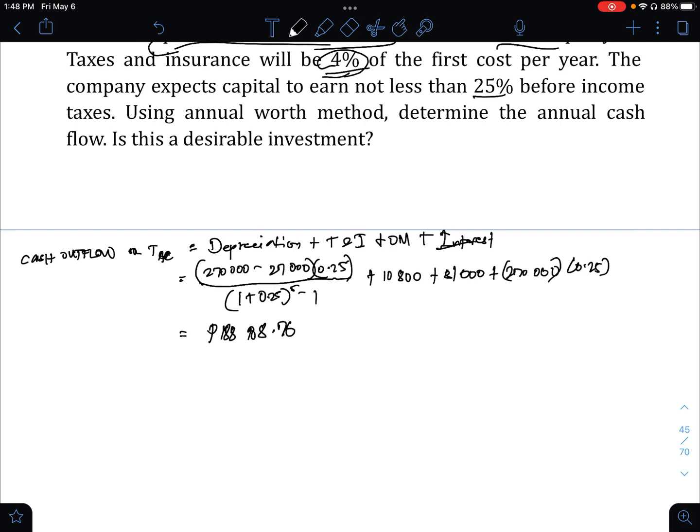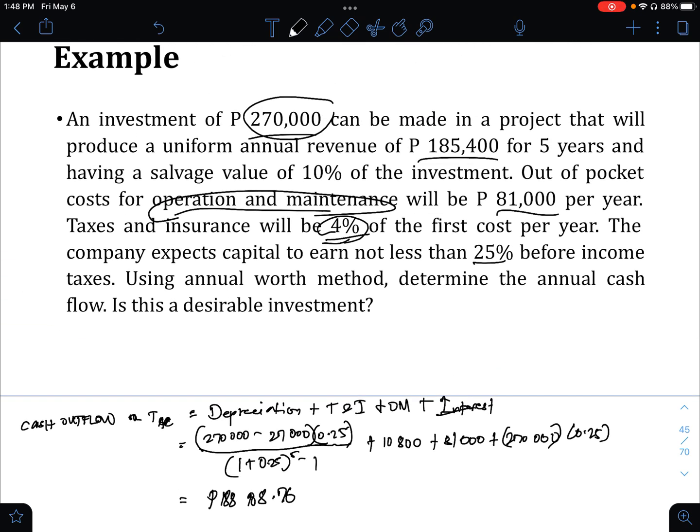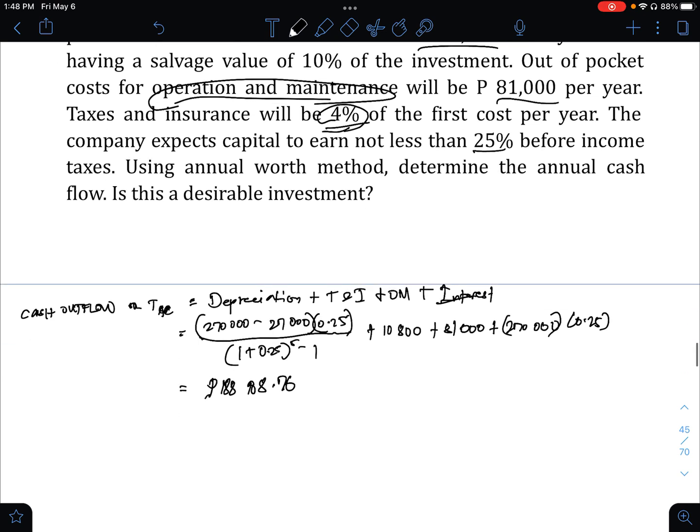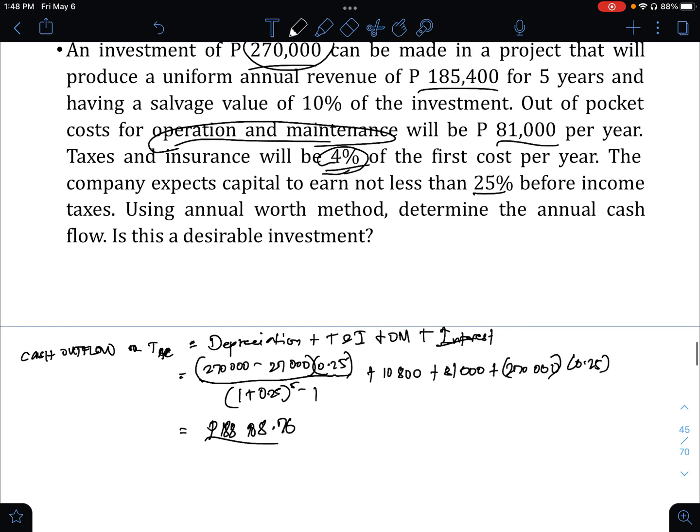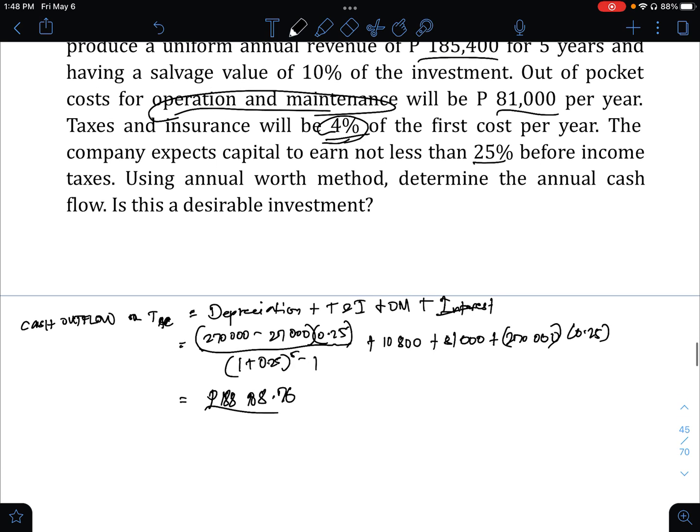And according to the annual worth method, i-minus lang nato si cash inflow minus cash outflow. Ang atong cash inflow, which is the total revenue sa isa ka tuig, minus the cash outflow, kasali na yung mga depreciation sa mga gigastos natin. So, 185,400 minus 188,908.76.